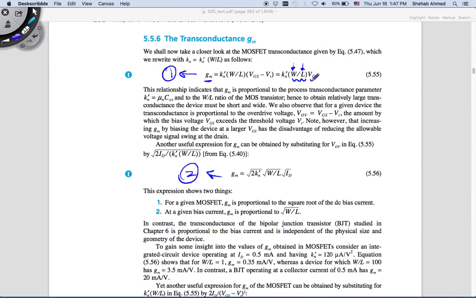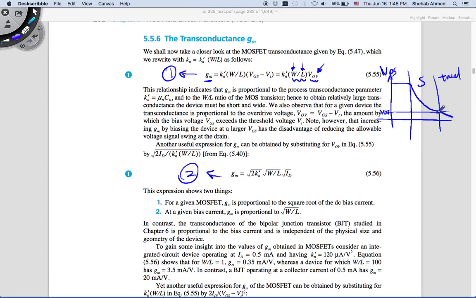or basically increase this ratio. Another way I can do it is to increase the overdrive voltage. If you increase the overdrive voltage, remember what happens. Overdrive voltage was the limit here between your saturation and triode mode. If you increase the overdrive voltage, and this was the overdrive, VDS here was equal to the overdrive voltage.